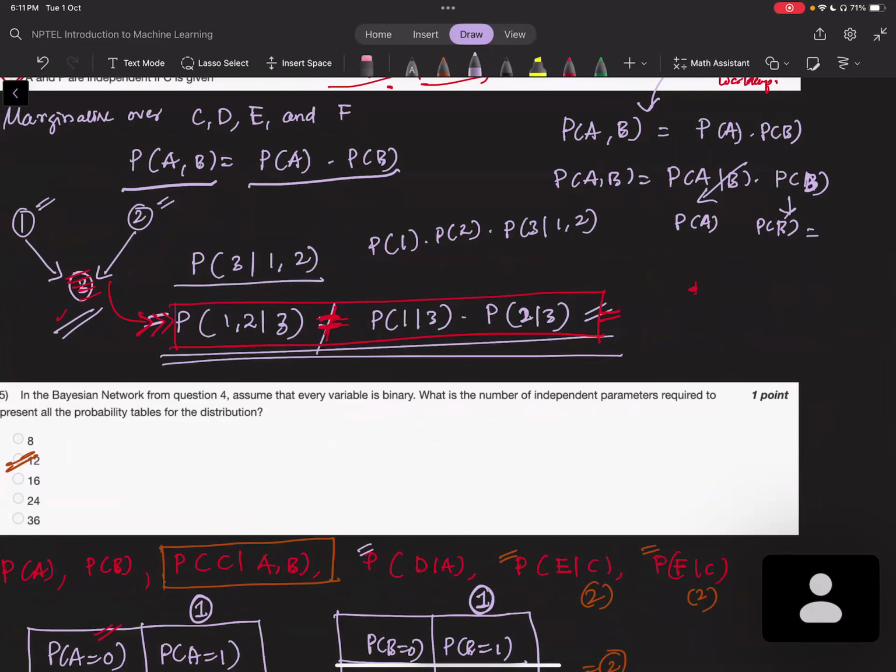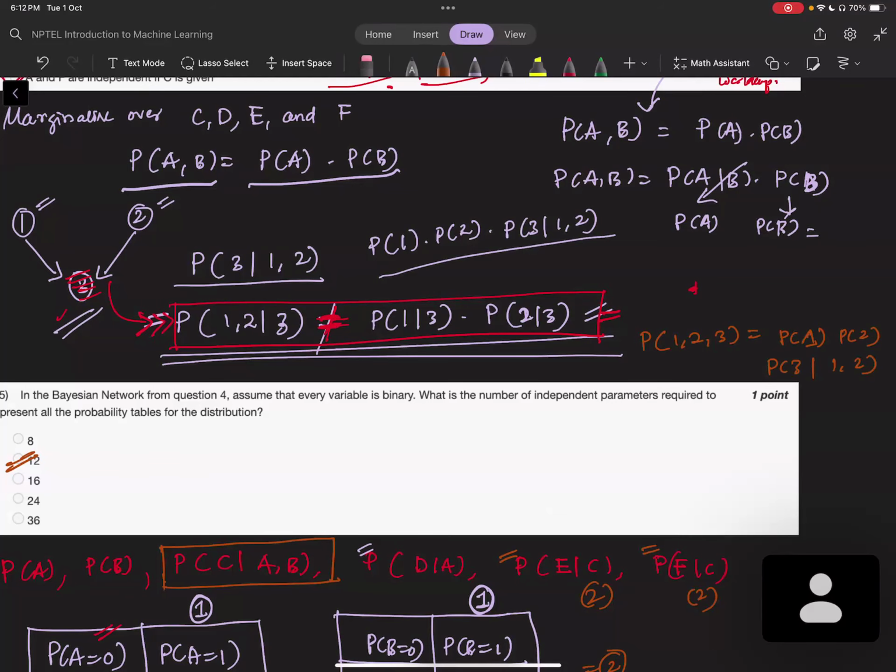So I tried to find a possible explanation. In a Bayesian network, we generally write the probability like this: probability of 1, 2, and 3 equals, if there are no parents, you just write the marginal probability, so probability of 1, probability of 2. If there's a parent, you write probability of 3 given 1 and 2.